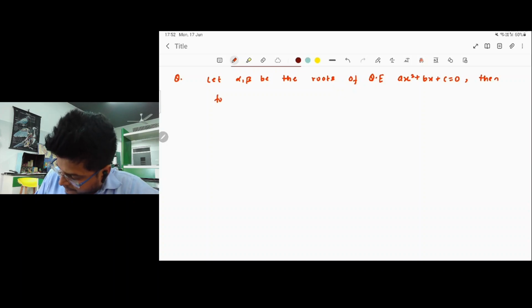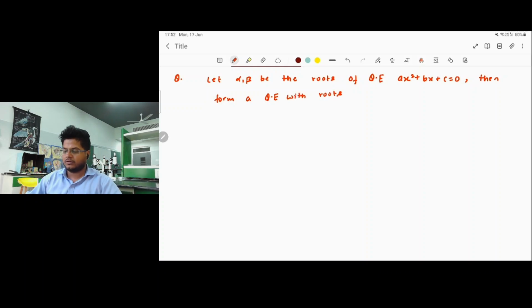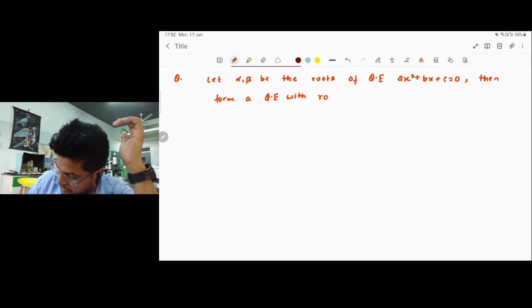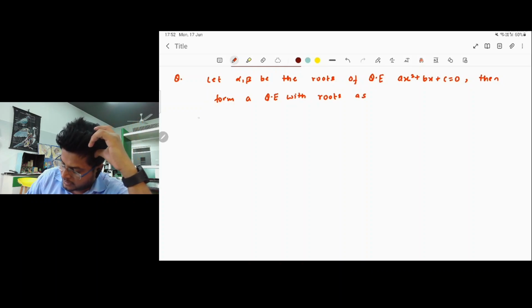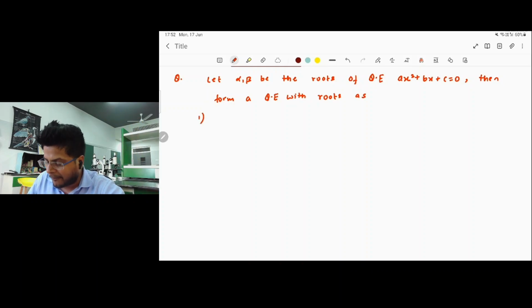Then form a quadratic equation with the roots as, let's say the first one is, for your practice.